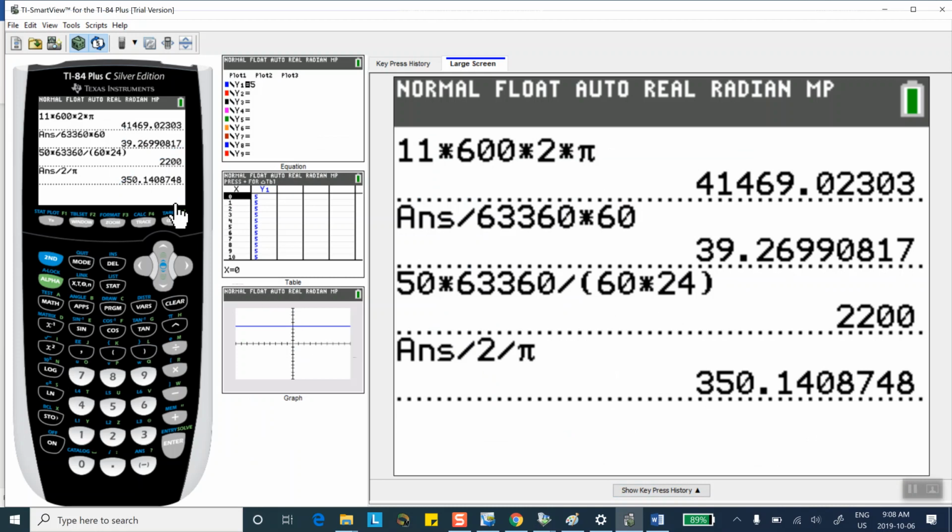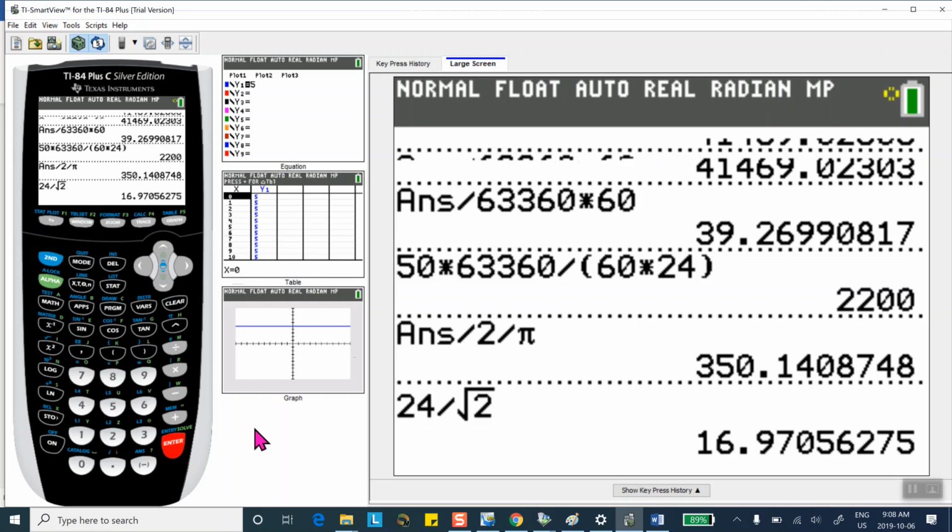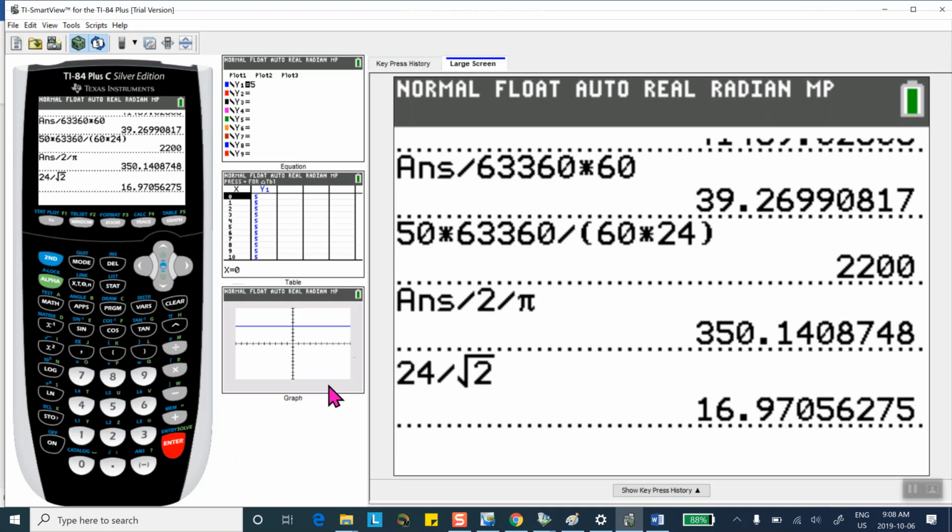Now we can go to our calculator. You can use 24 over √2, or you could have used the sine directly. So I'm going to do 24 divided by √2. Now where's the root? It's right there. Second function, √2, 16.9.